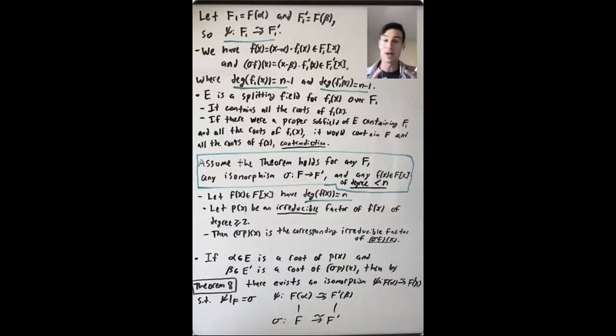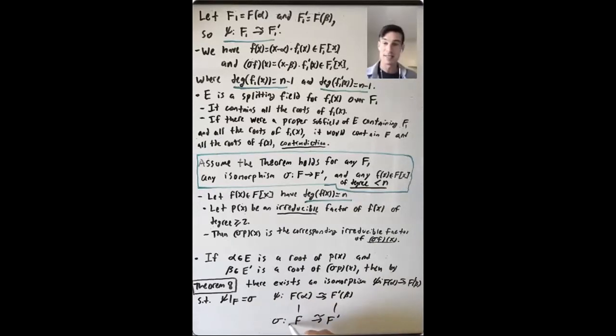And the idea is to apply theorem 8 now to F adjoin alpha and F prime adjoin beta. That theorem 8 says that there exists an isomorphism psi from F adjoin alpha to F prime adjoin beta, such that psi restricted to F is this original isomorphism sigma. So here's this diagram to remember what this really is saying, that psi is an isomorphism from F adjoin alpha to F prime adjoin beta.